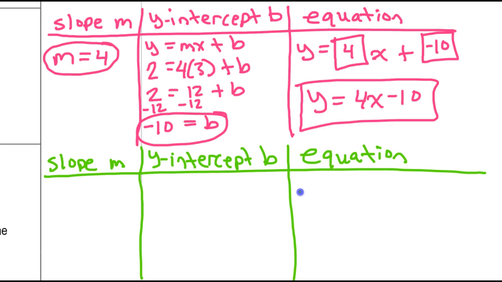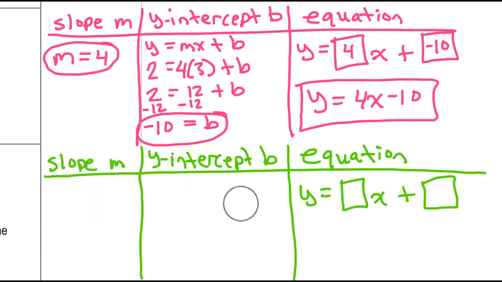When I go to write the equation, it's going to be y is equal to something x plus something, where the first box will be for the slope, which I will calculate here, and the second box will be for the y-intercept, which I will calculate here.